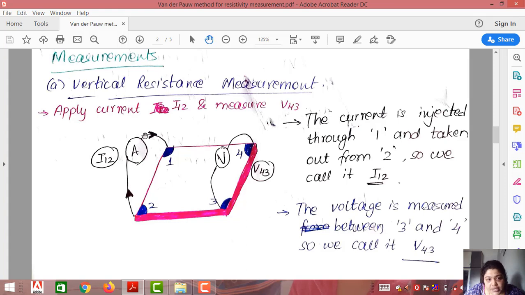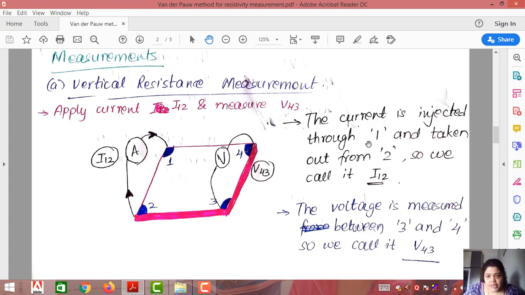Current is being injected in contact 1 and this current will come out through contact 2. So the flow of current is from 1 to 2 and the voltage is measured across 3 and 4. Because it is a high impedance voltmeter, the current will not pass through the voltmeter, so the resistance of the cables does not matter.